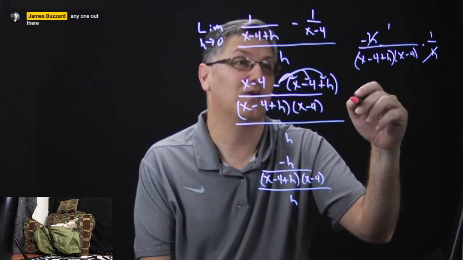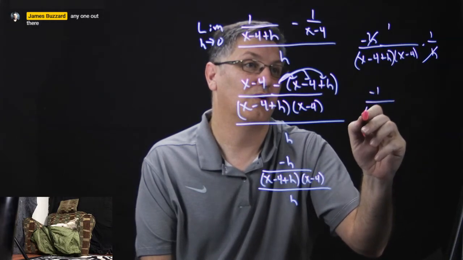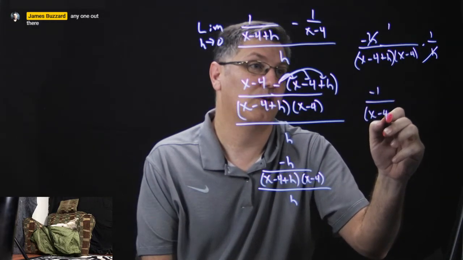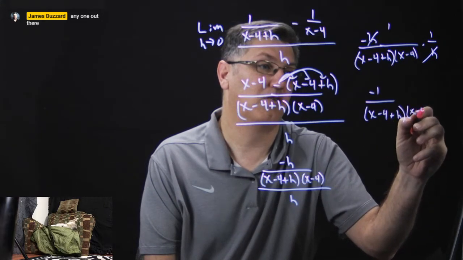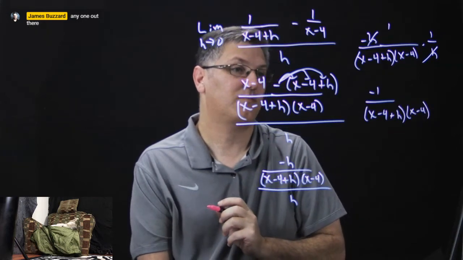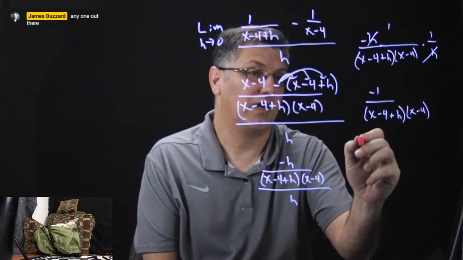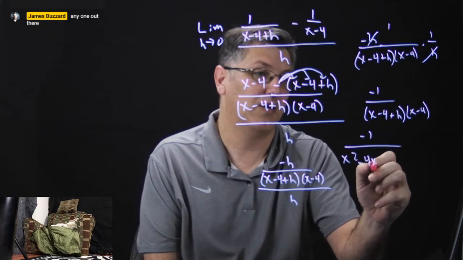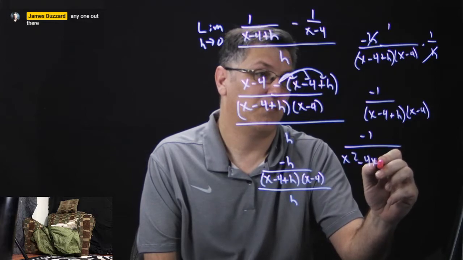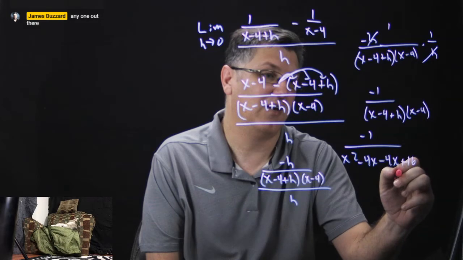This gives me now a negative 1 over x minus 4 plus h, and then x minus 4. And let's FOIL this out. I got a negative 1 over x squared minus 4x minus 4x plus 16.